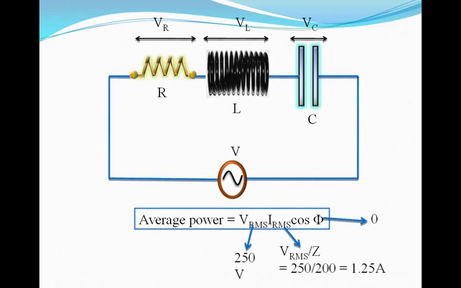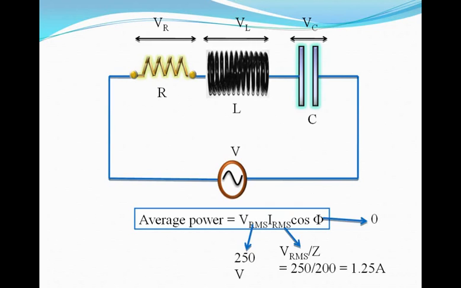So the net angle between the voltage and the current will be zero because L and C do not contribute to the net potential drop. Irms is clearly Vrms divided by Z, and since Z is R, we can say that Irms is Vrms divided by R. Vrms is given to be 250 and Z is given to be 200.